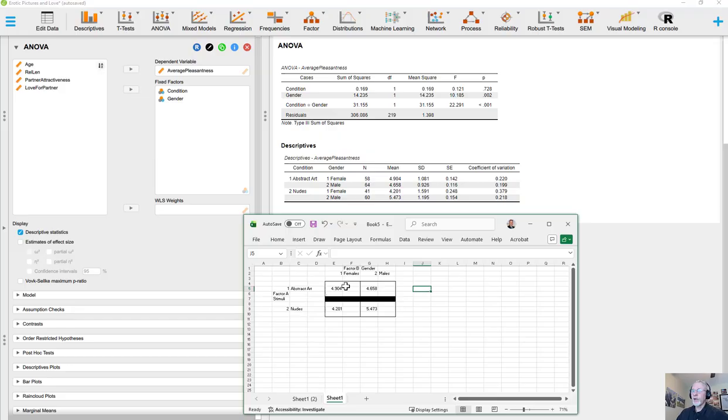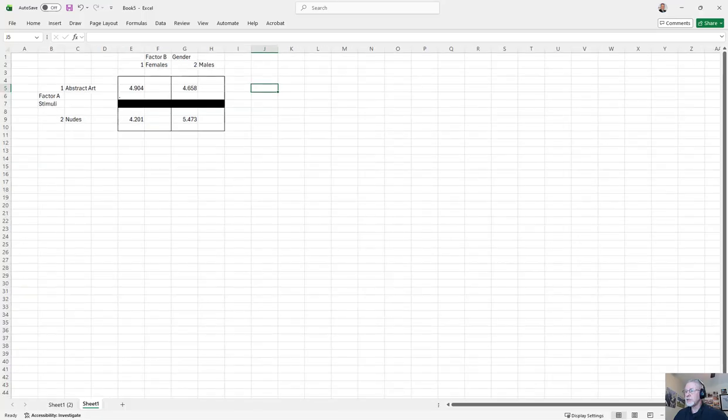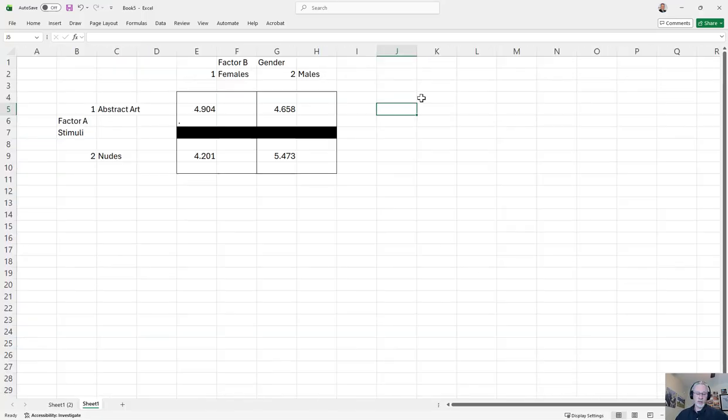Now, what I would teach in my undergraduate classes and graduate classes is that you can get marginal means by taking the averages.